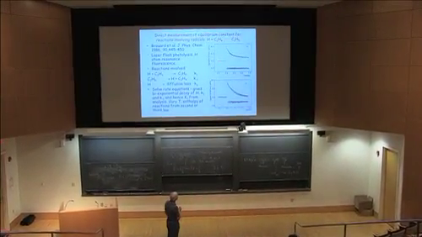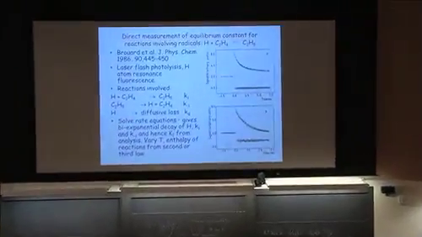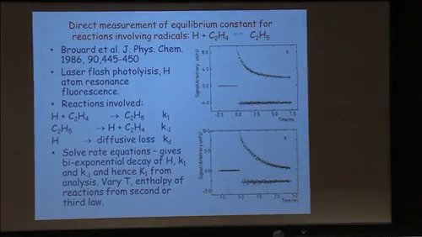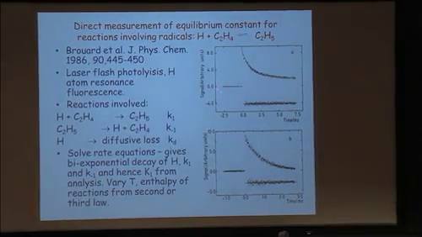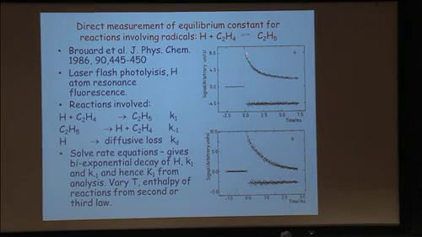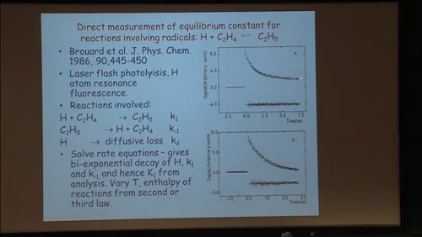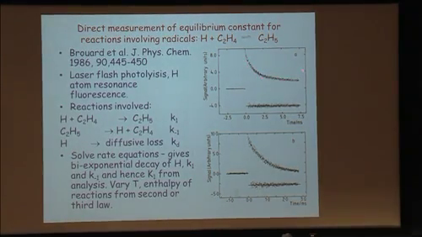And so this is the signal coming from the fluorescence from the hydrogen atom excited using a resonance lamp before the pulse. And then we have a laser pulse that forms the hydrogen atoms, and then they decay away. They decay away to form an equilibrium.